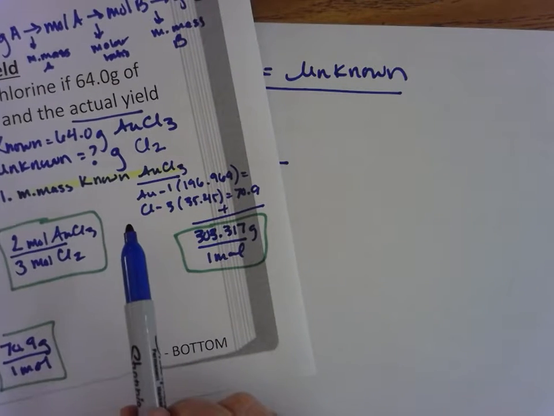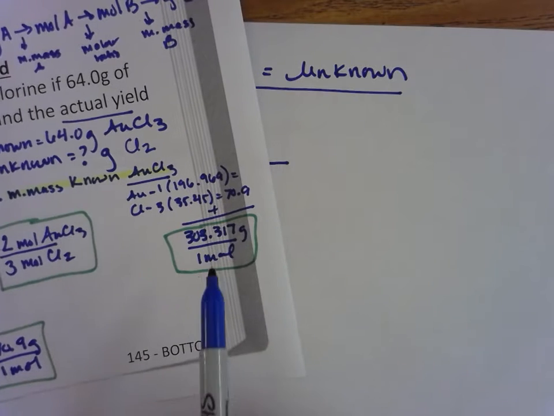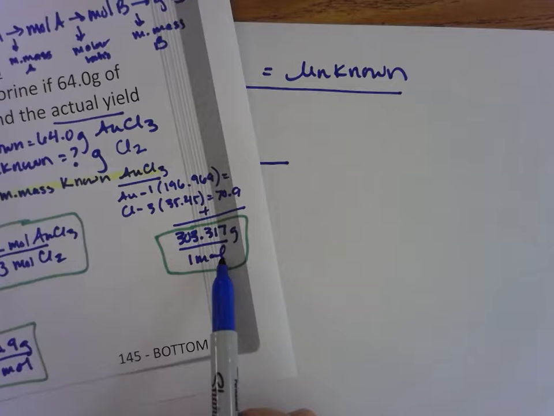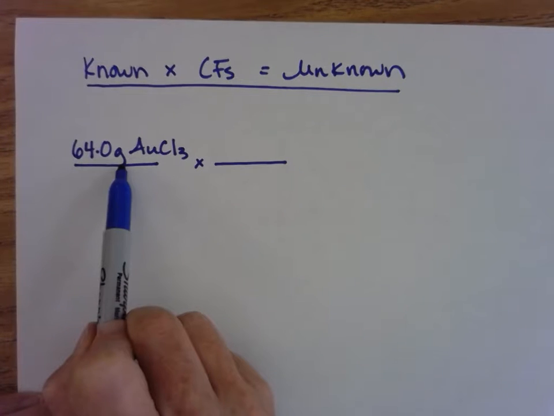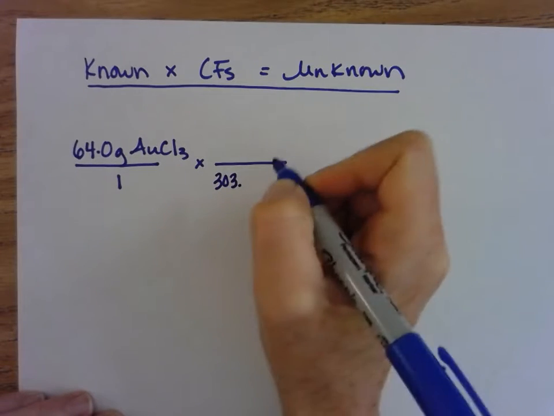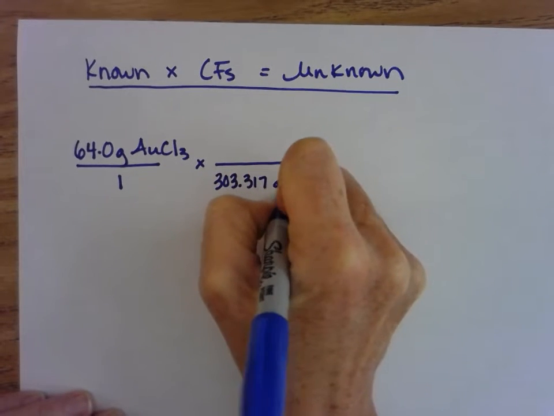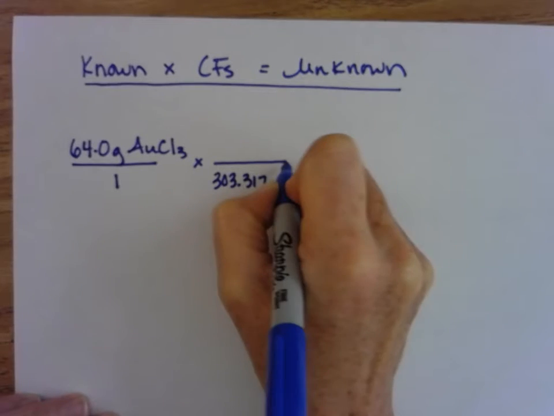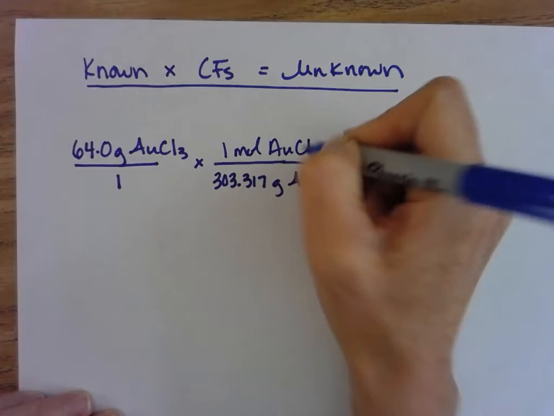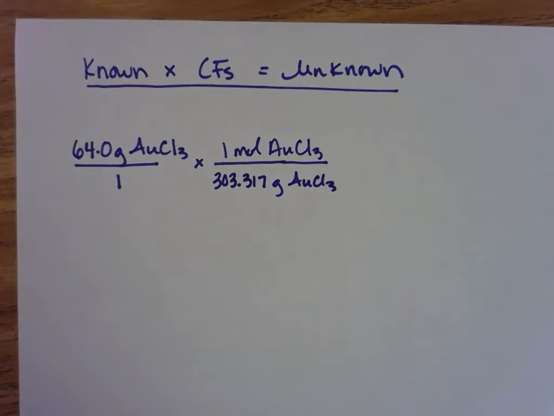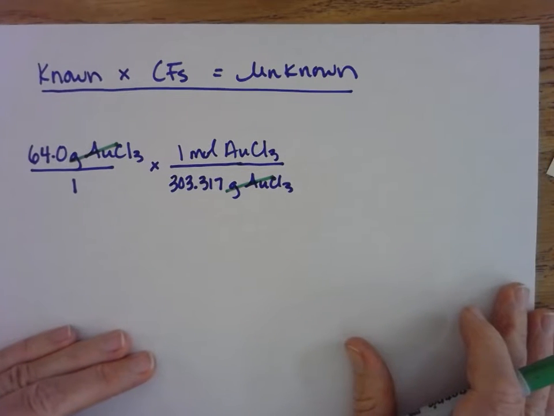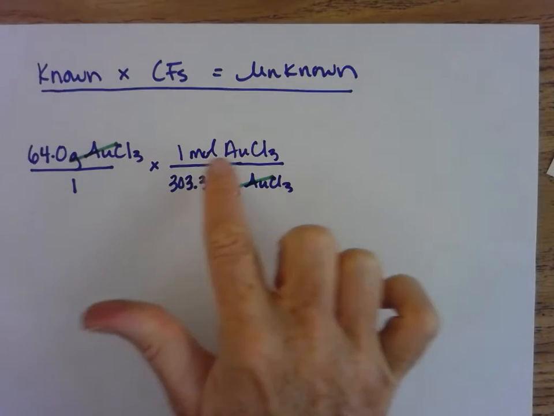It's the molar mass of my AuCl3. I have 303.317 grams in 1 mole. Because there's a gram unit on top, I'm going to put the gram value on the bottom: grams AuCl3 on the bottom, 1 mole of AuCl3 on top. Those cancel. I am in moles of AuCl3.